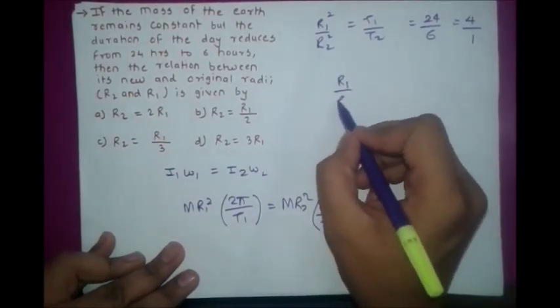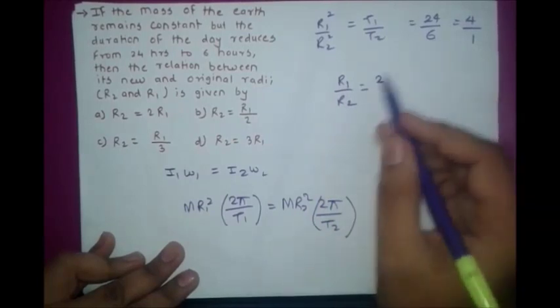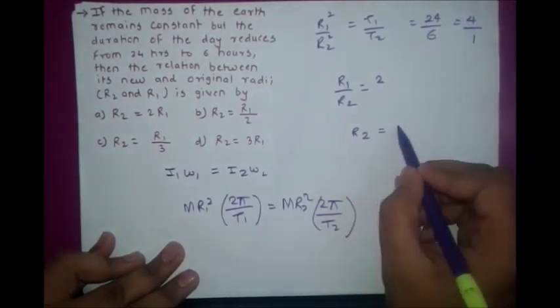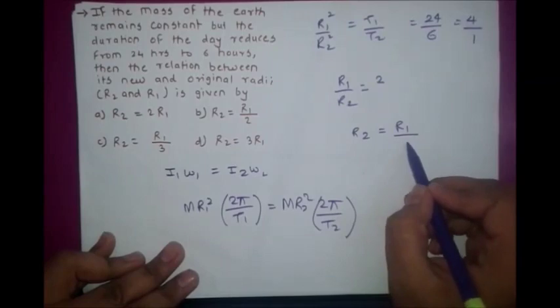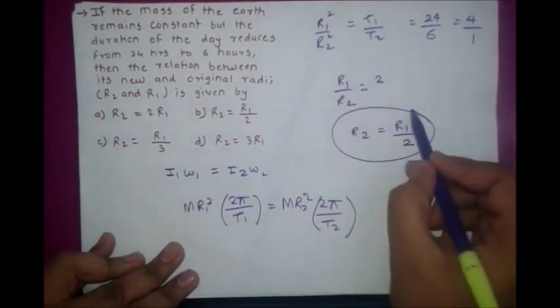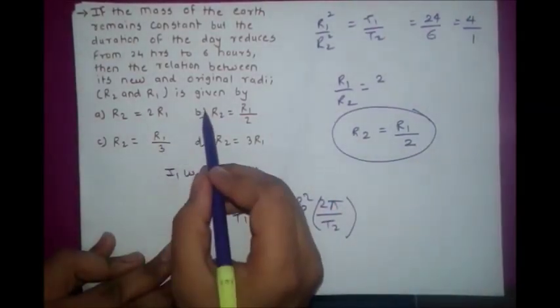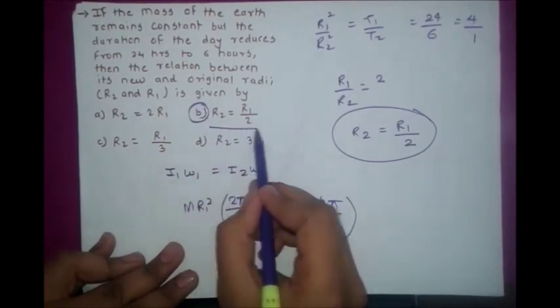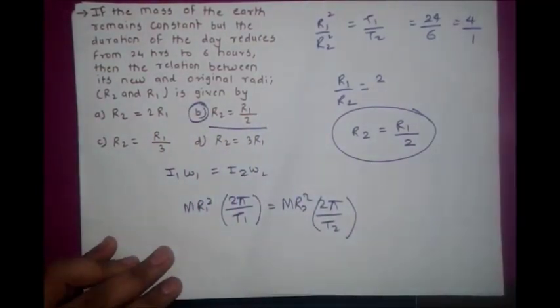So r1 upon r2 is equal to 2. So r2 is equal to r1 upon 2. So option B, r2 is equal to r1 upon 2 is the correct answer.